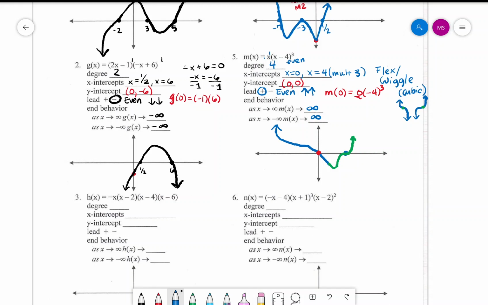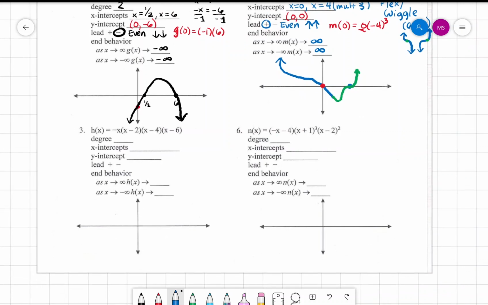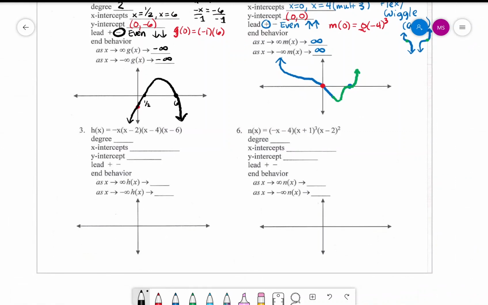All right, moving on to number 3 and number 6, and then we are almost done. All right, number 3, the degree. Ooh, this one has a lot. 1, 1, 1, 1. That's 4. X-intercepts, 0. Ooh.